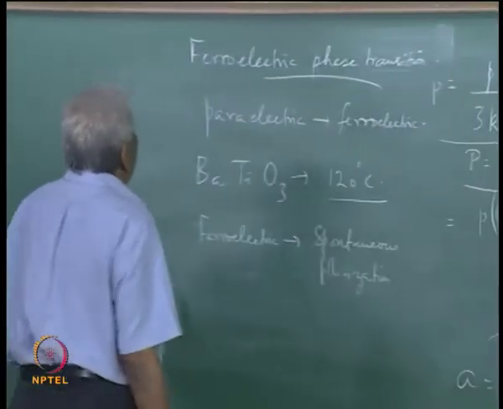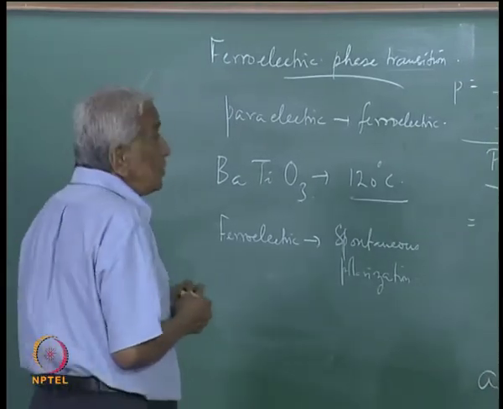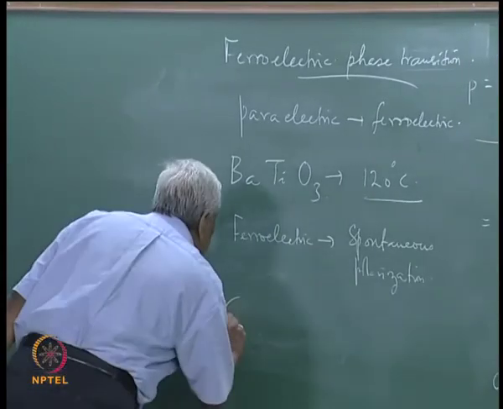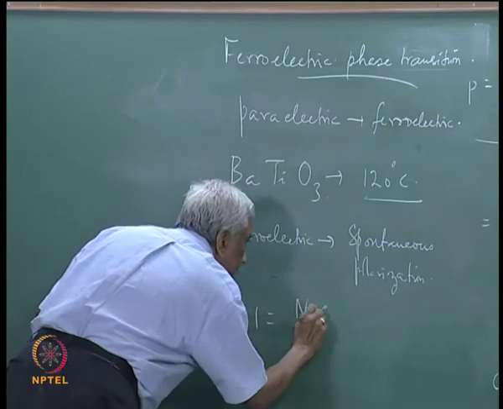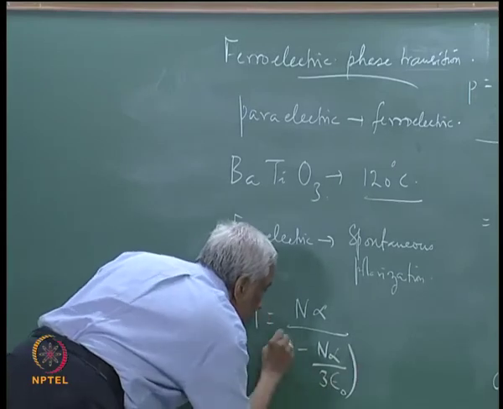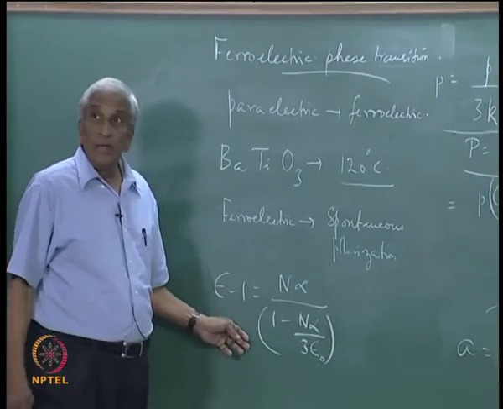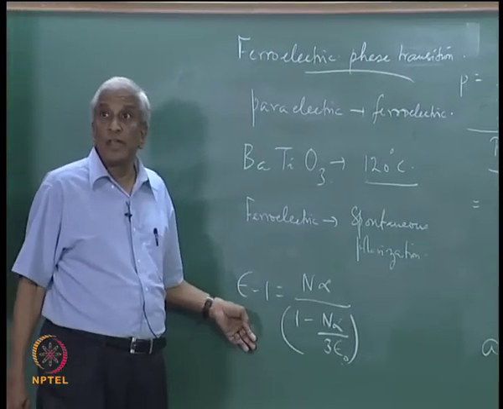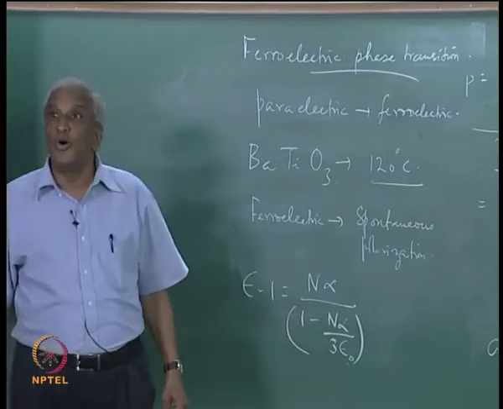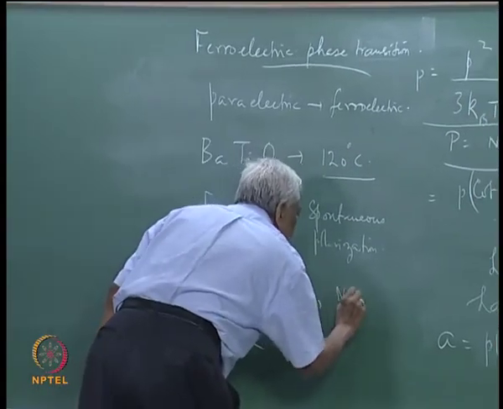Now, this ferroelectric behavior may be qualitatively understood from the Clausius-Mossotti relationship. Let us recall this, this is the form of the Clausius-Mossotti relation, and if we look at the denominator, this denominator will become 0 when n alpha equals 3.